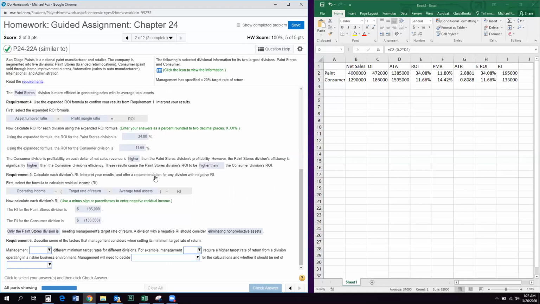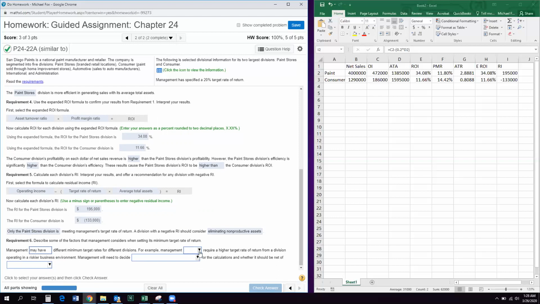All right, so now it wants us to talk through this. Describe some of the factors that management considers when setting minimum target rate of return. Okay, so management may have different minimum target rates of return for different divisions.